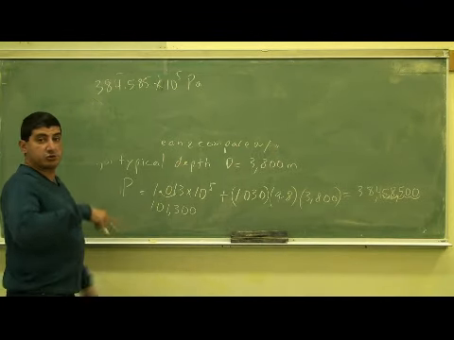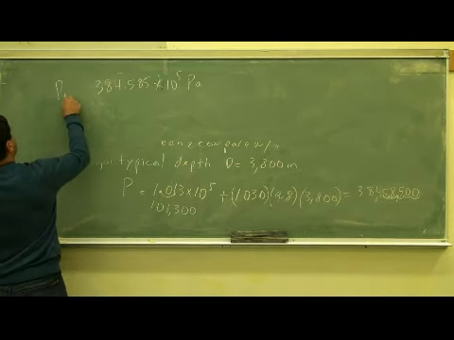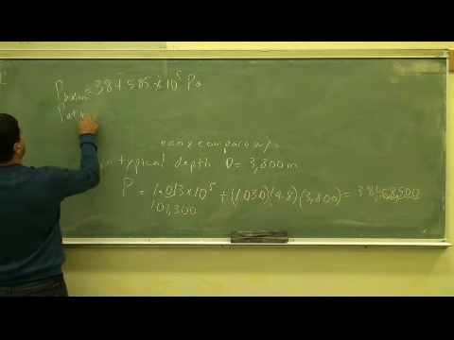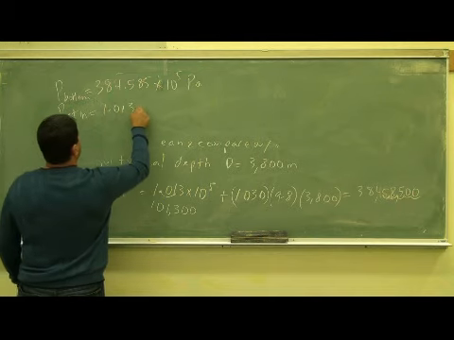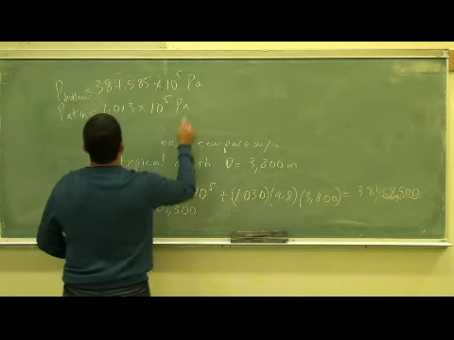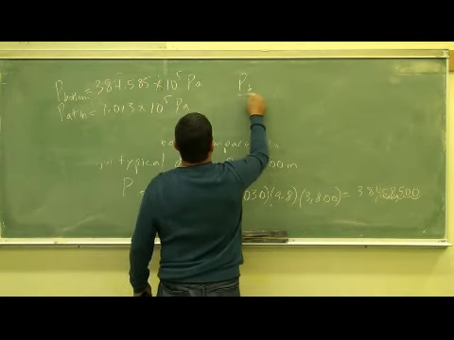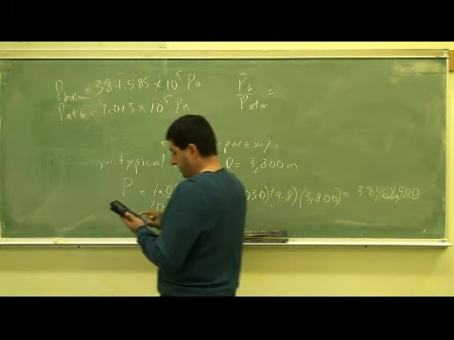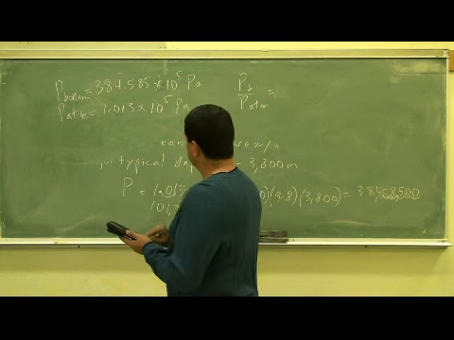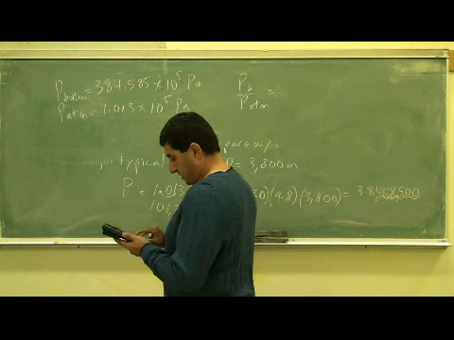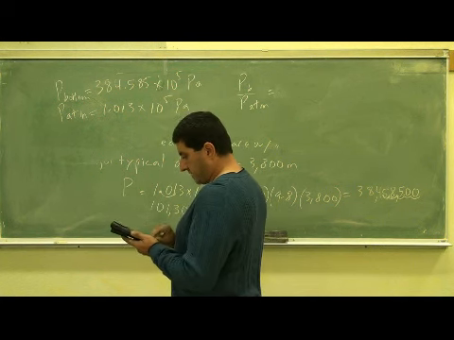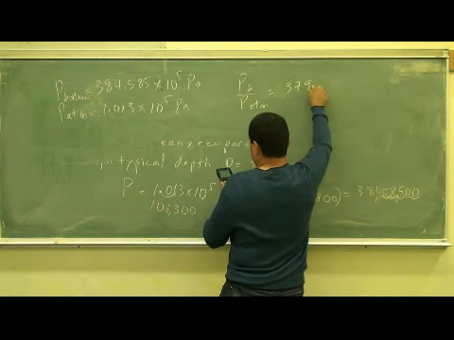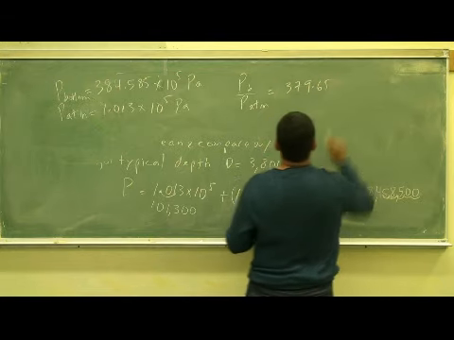So if we compare that to atmospheric pressure, this is the pressure at the bottom, and the pressure at the atmosphere is 1.013 times 10 to the 5th pascals. We take the ratio, the pressure at the bottom divided by the pressure at the atmosphere, and it's going to be 379.65.